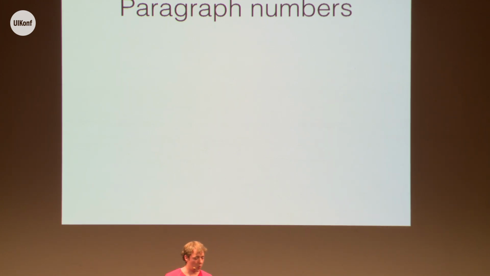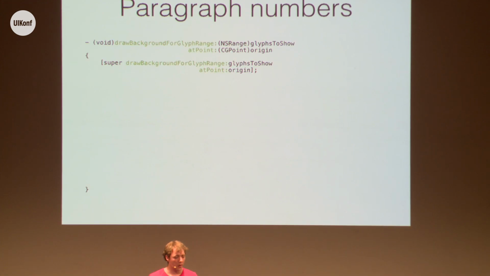All right, and we're almost done. Drawing the paragraph numbers is also very simple, very, very straightforward. You only need to know where to go. I'll tell you. There's a method called draw background for glyph range at point in NSLayoutManager, which you override. You just call the super implementation. It does all the stuff for you.